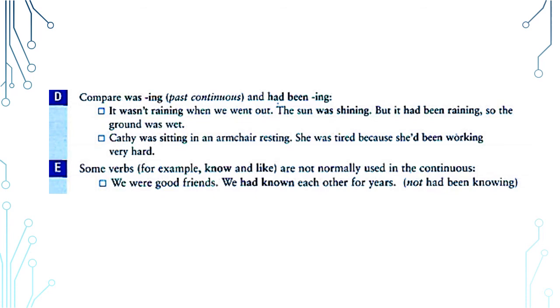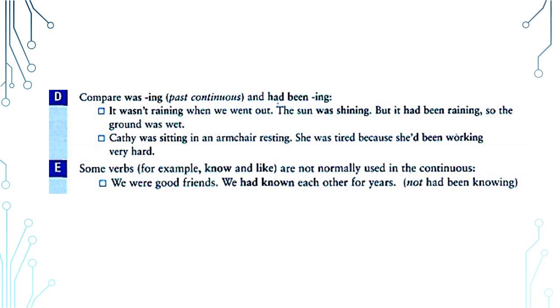The present perfect continuous is centered in the present moment. It is related to now. But the past perfect continuous and simple are related to the past. They are connected, referring to some point of time in the past.